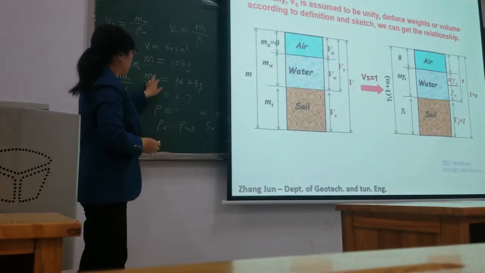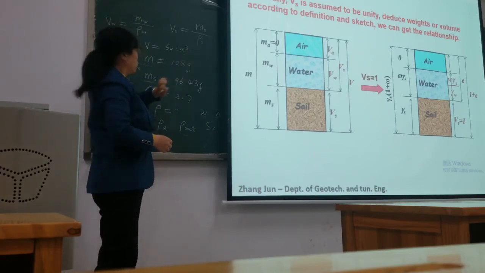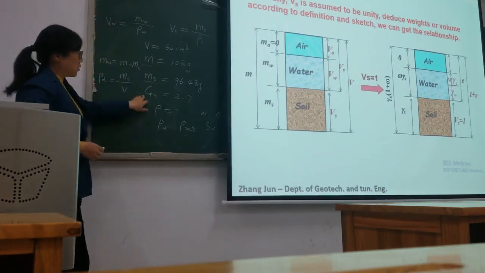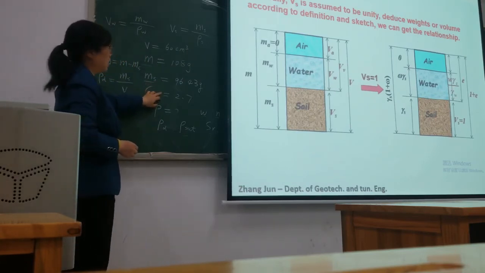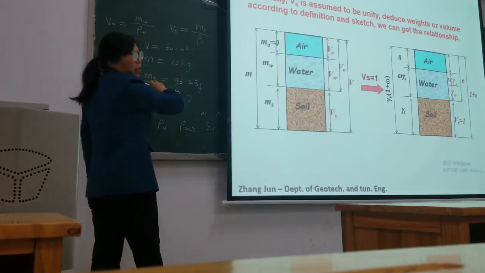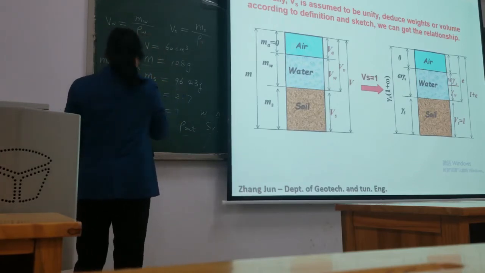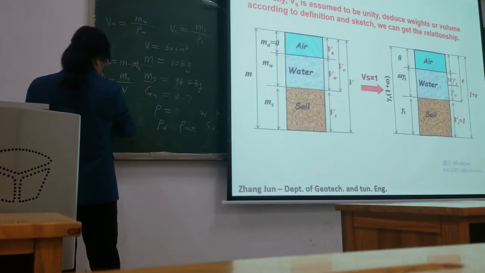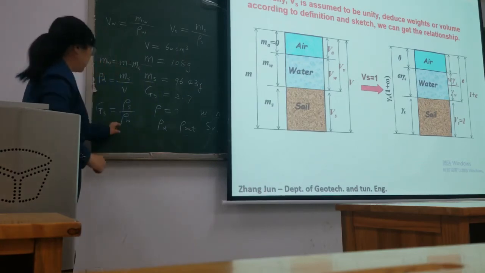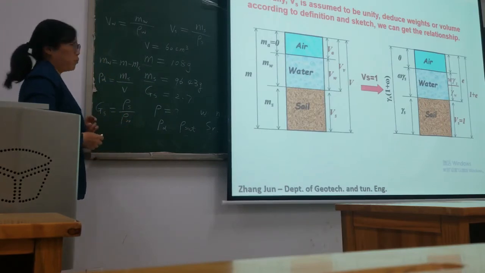And for the density, use the Gs to calculate it. Okay? Gs equals ρs divided by the density of water.